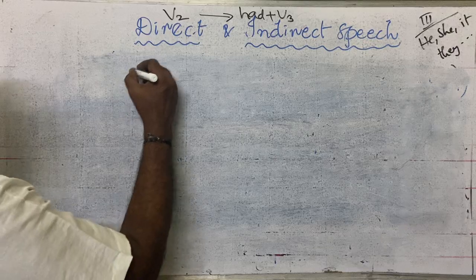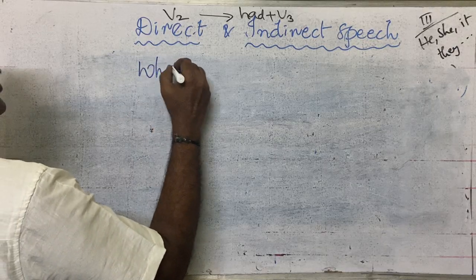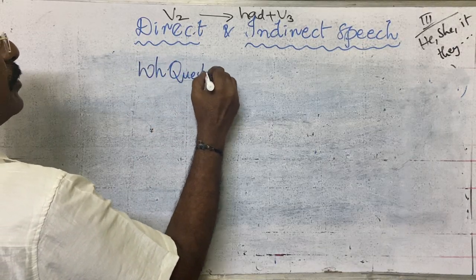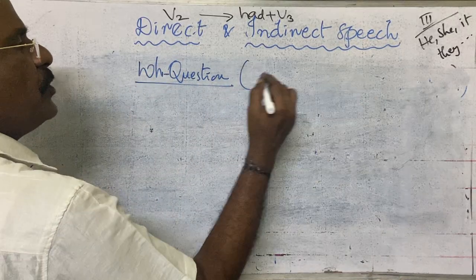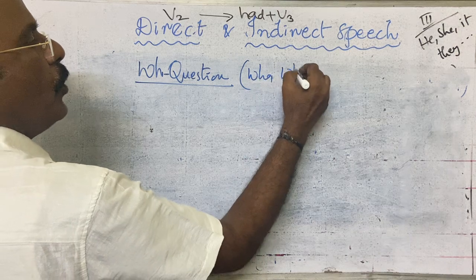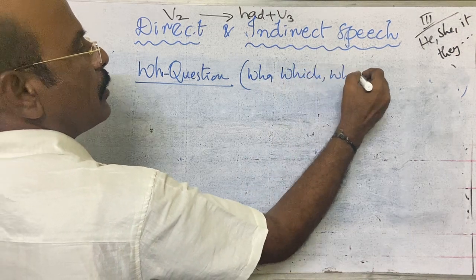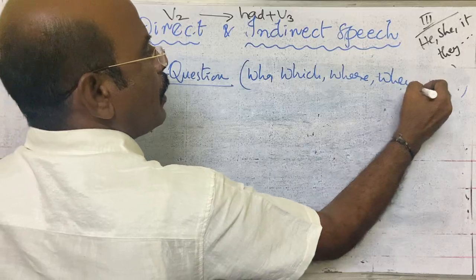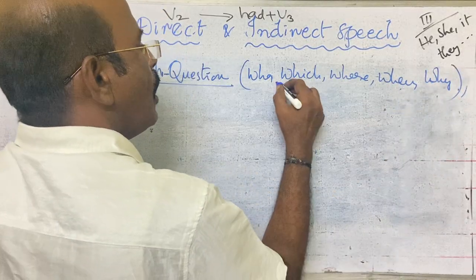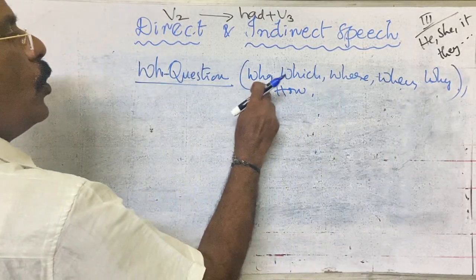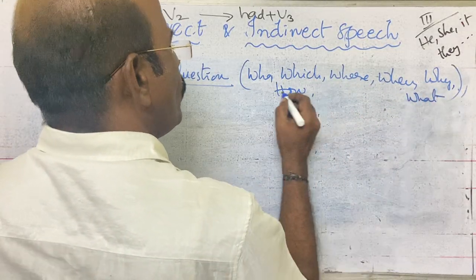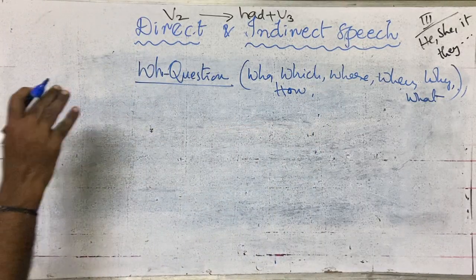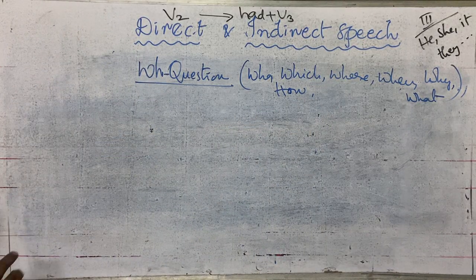First, in the questions we have two types. First we verify the WH questions. What are called WH questions? Questions with the WH word: who, which, where, when, why, what, how. These kinds of words are useful in forming these questions. That's why these are called WH questions.